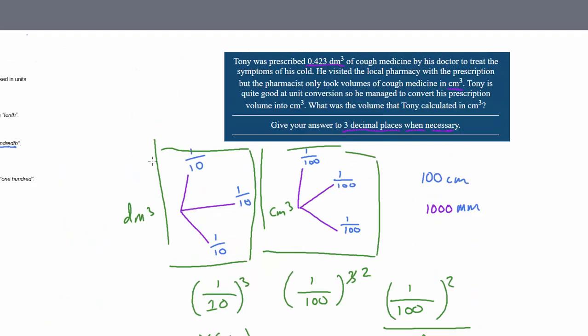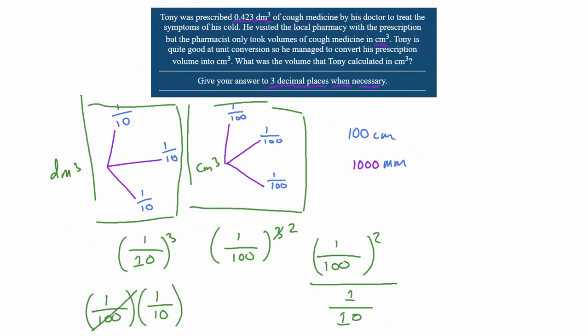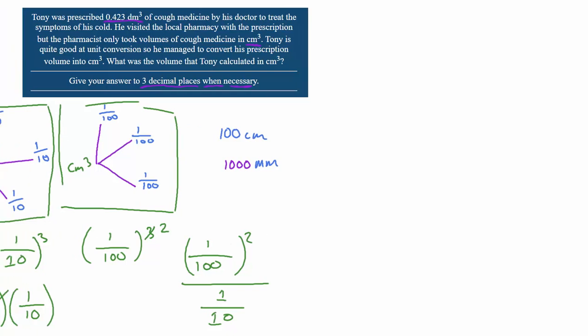So in this case, just to kind of land this point, with this question, what we're trying to do, or what we need to do, is multiply 0.423 dm³. Effectively, we need to multiply the number by 1000.